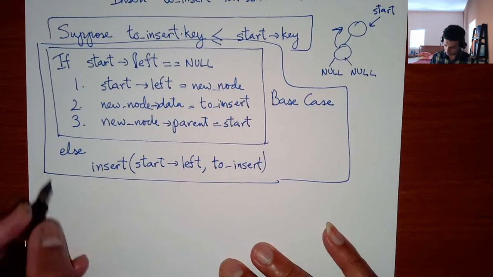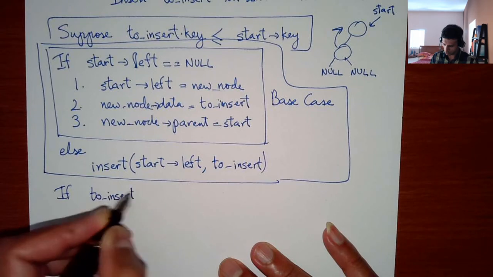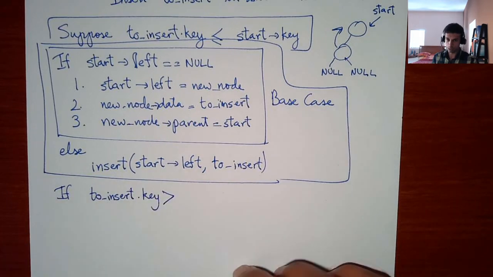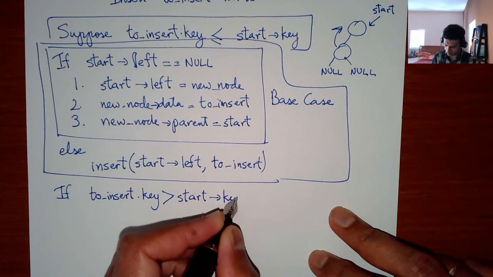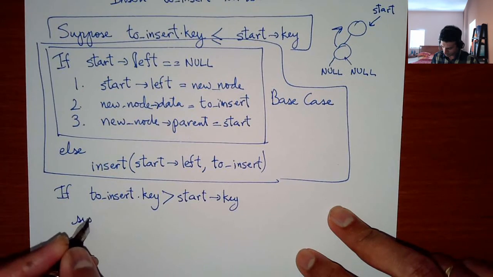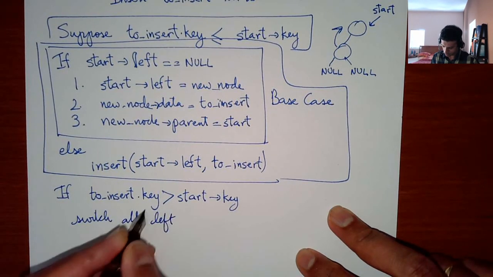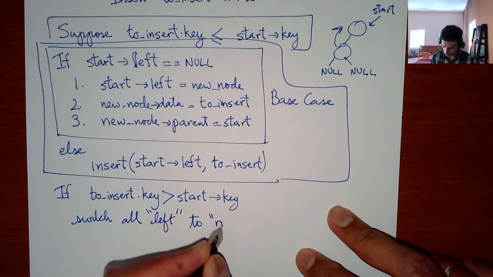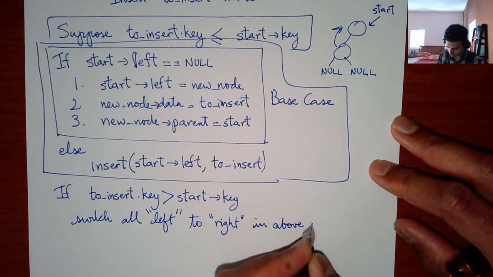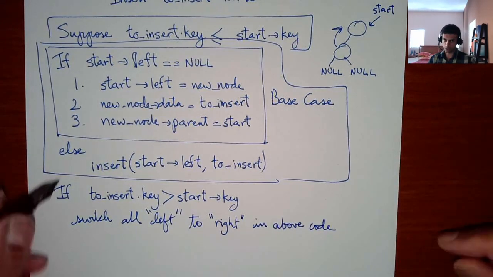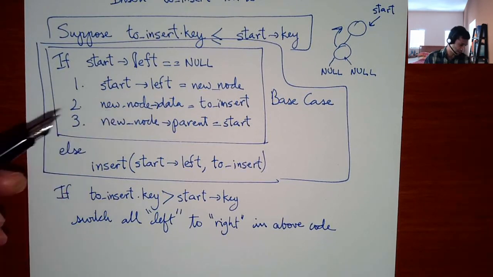And so if toInsert dot key was more than start arrow key, then switch all left to right in the above code. So you just switch all occurrences of left to right, and you'll get the exact same logic.